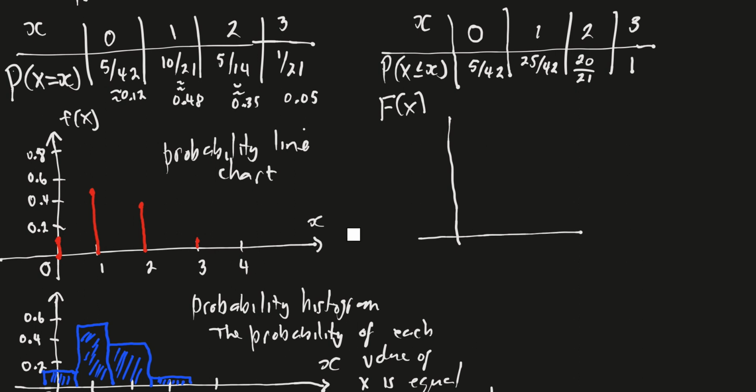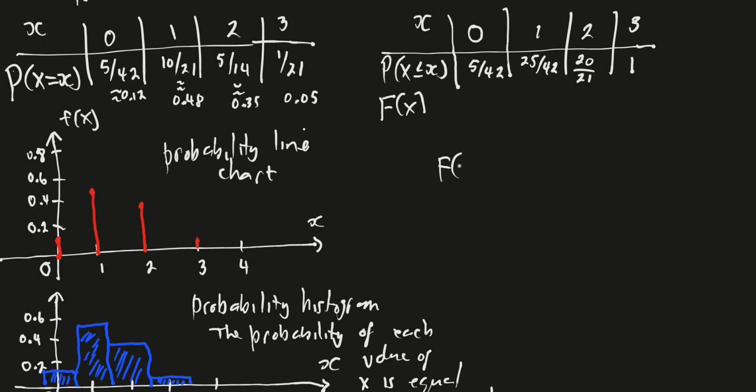actually, before I do that, let me show you how we can represent this information from the table as a piecewise function. So it can look like this. Let's do that.